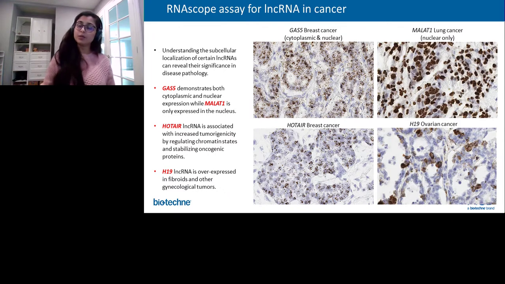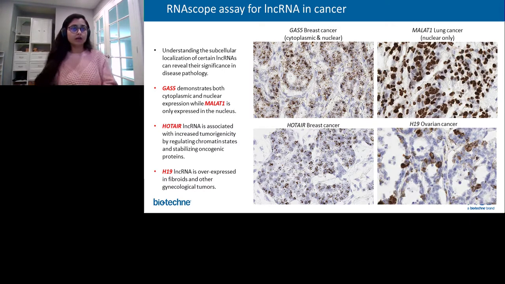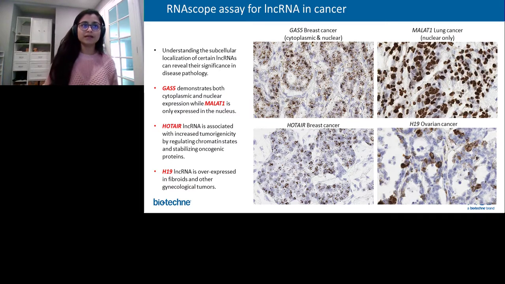For example, you can see that the MALAT1 long non-coding RNA showed a nuclear expression, whereas the GAS5 long non-coding RNA present in breast cancer tumors showed both nuclear and cytoplasmic expression. So using this technology, you can detect your long non-coding RNA of interest and also study their subcellular localization, which can provide significant clues as to the function of the long non-coding RNA and their prognostic value.